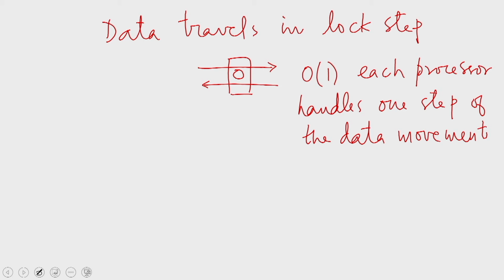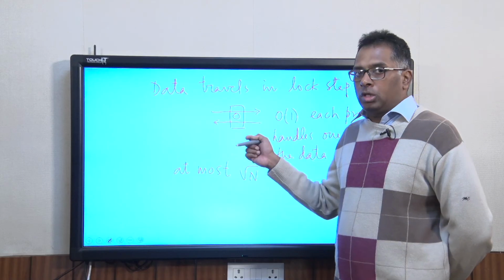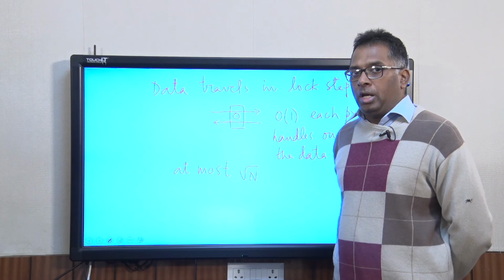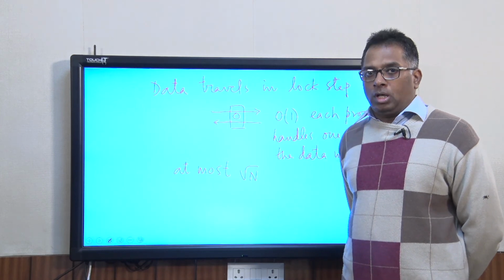And the data may have to go from the first vertical slice to the last vertical slice, or vice versa. So, it may have to travel a distance of theta root n in any case. So, the time taken by this step is at most root n, assuming that one step constitutes all this, receiving 2 messages from the neighbors and sending 2 messages to the neighbors. That anyway we assume on all interconnection networks.